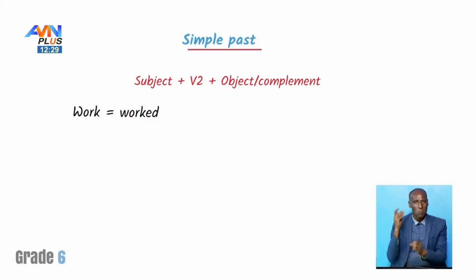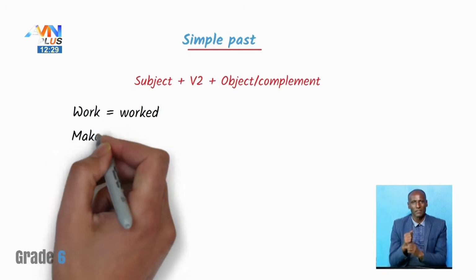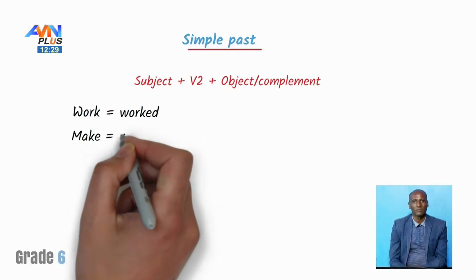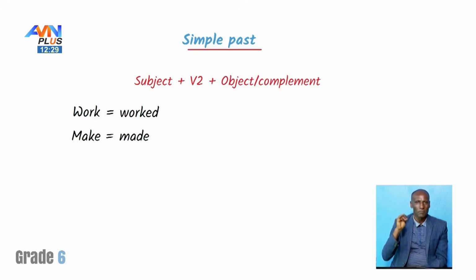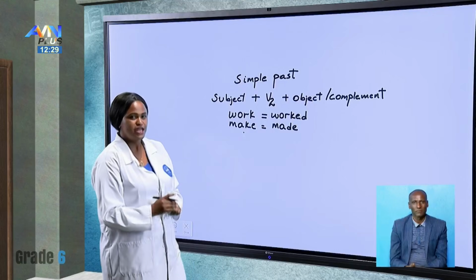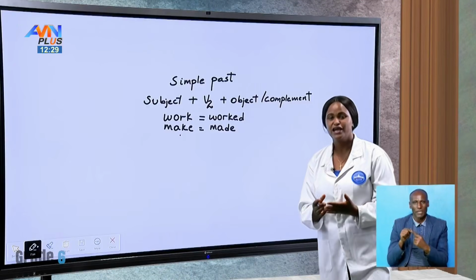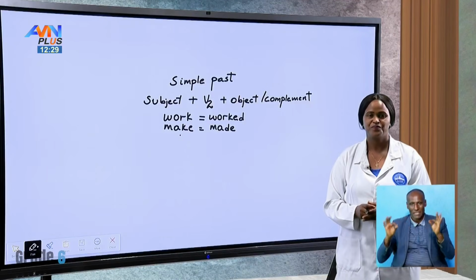Excellent. The past form of make is what? The V2 form of make is made. Perfect. Very good. Now, it's time to make a sentence. Can you make a sentence using these two verbs in simple past?